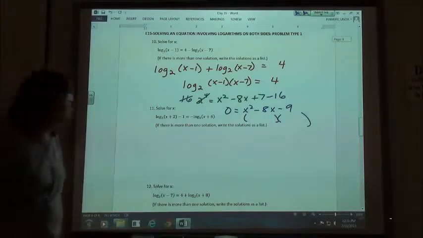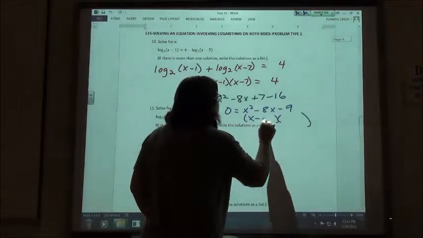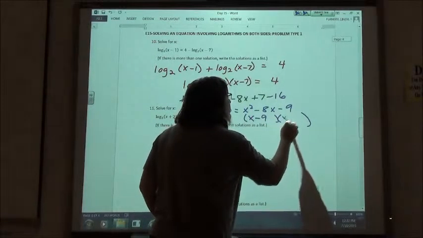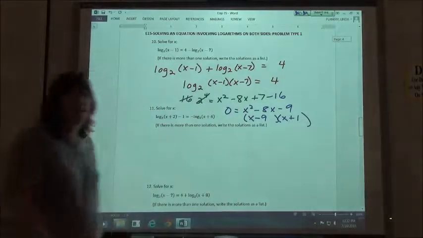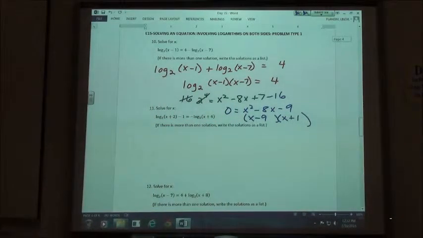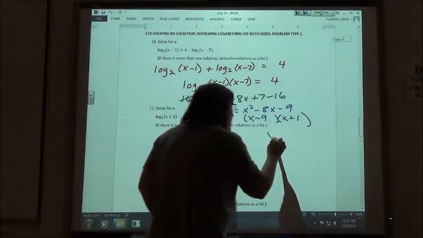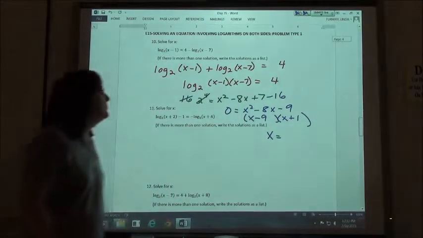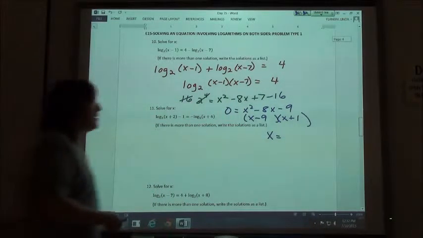X minus 9 and x plus 1, which means my two possible answers for x would be 9 and negative 1.